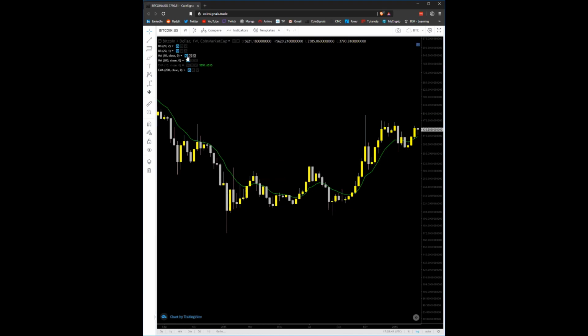Let's compare these two to understand what I'm talking about. You can see that as prices are rising here, the green exponential moving average is moving higher and faster than the simple one. That's because it takes into account recent price action and gives it more weight and importance in the calculation than the simple moving average.